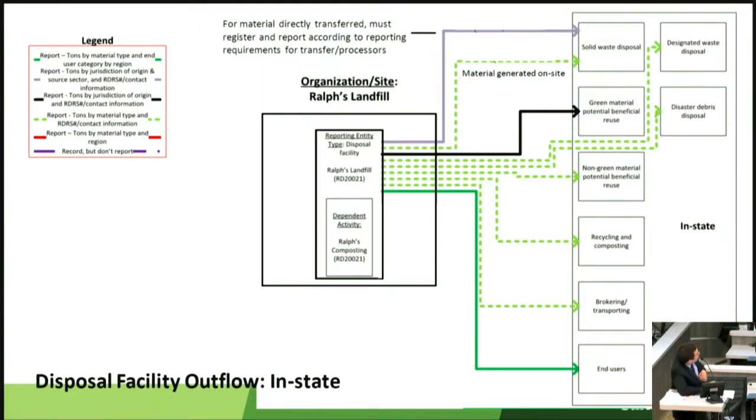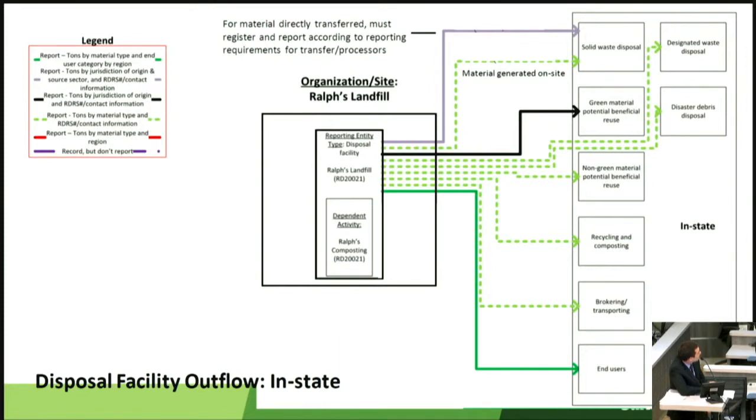Now, if the material was instead generated on site, meaning, for instance, recovered by the landfill at the working face or prior to entering the landfill area, perhaps a self-haul customer was instructed to pull over and dump recoverable materials elsewhere, you would account for these tonnages.